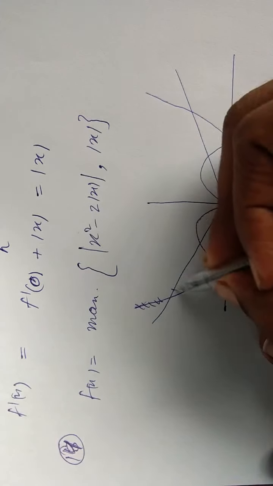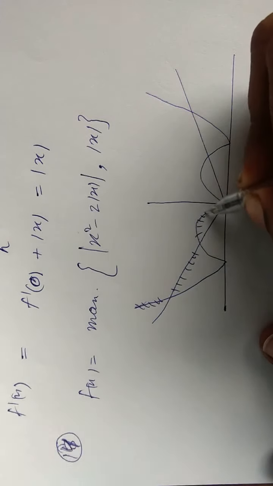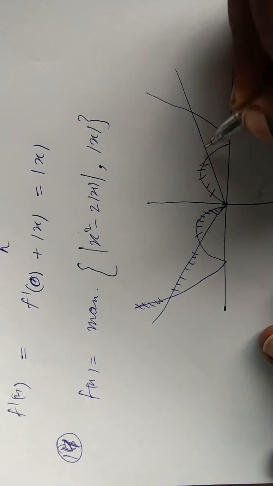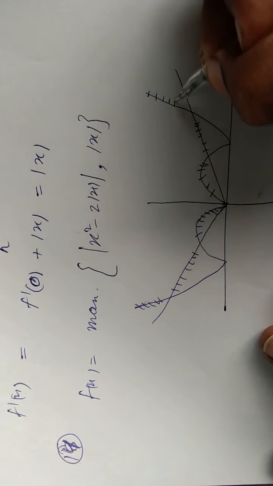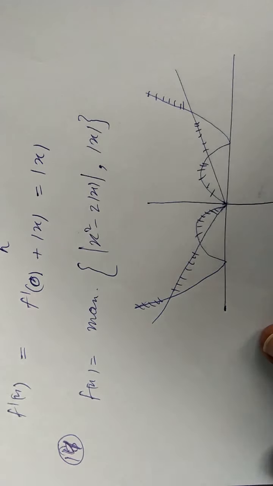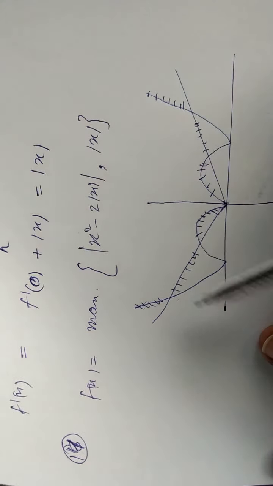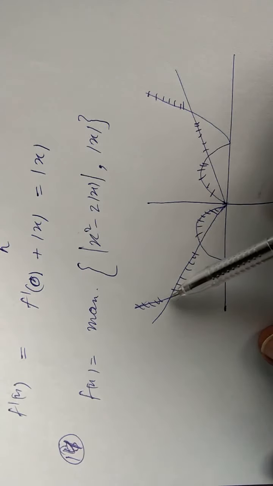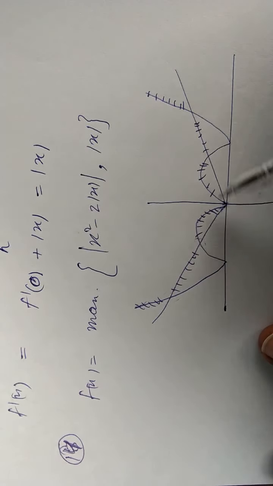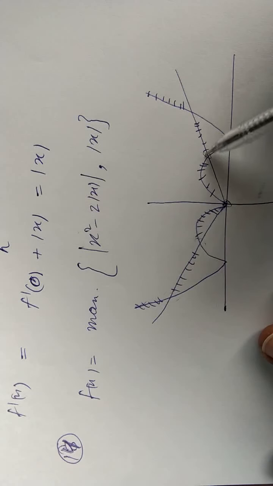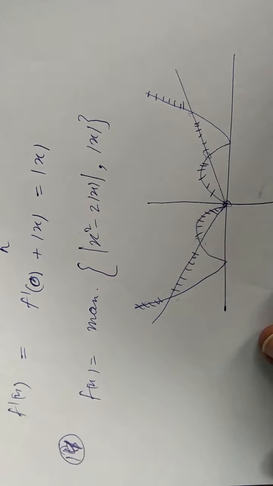this, and this. So this shaded portion is f(x), and the minimum is g(x). Okay, so we can see that f(x) is continuous everywhere but not differentiable at 1, 2, 3, 4 and 5 points.